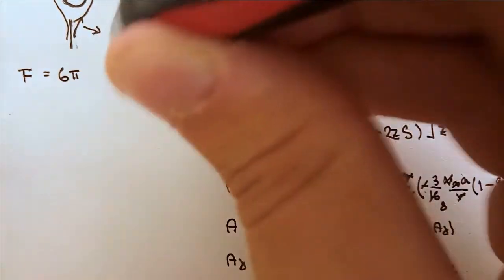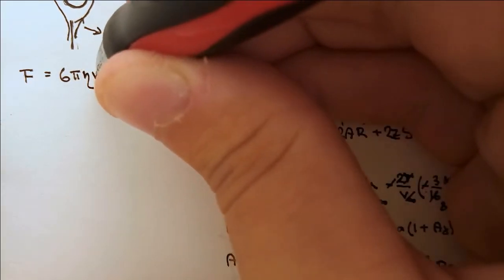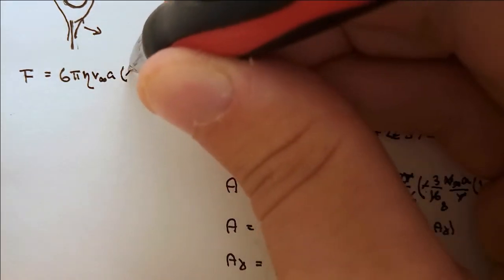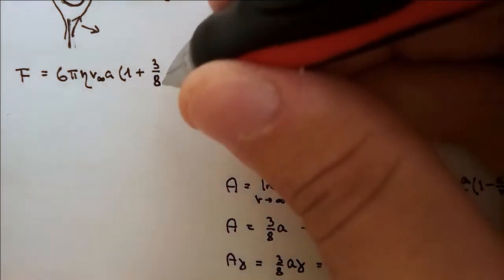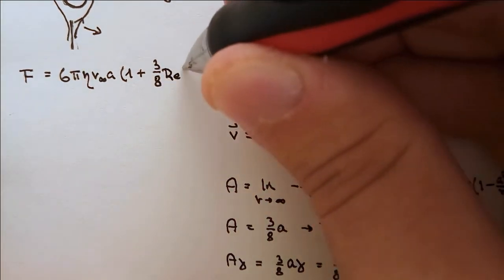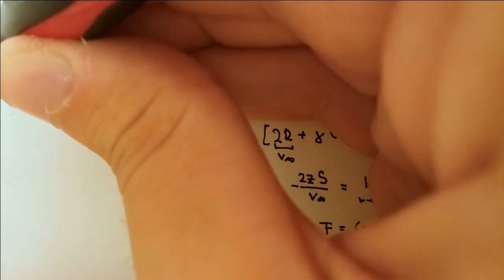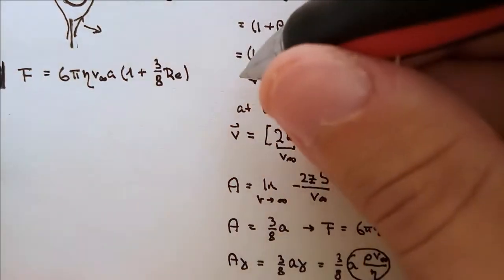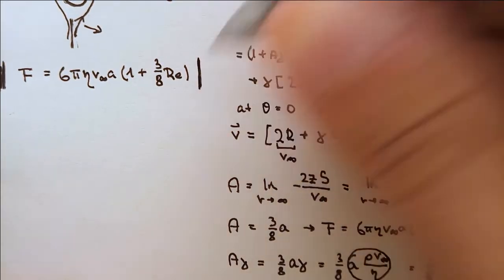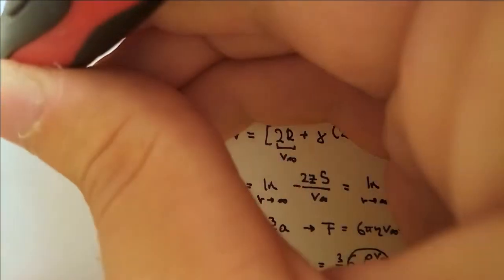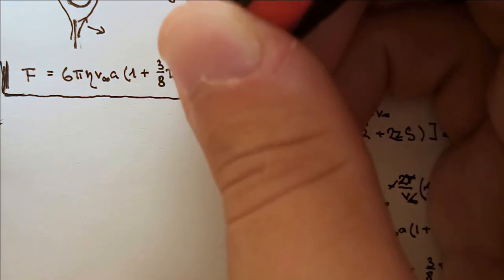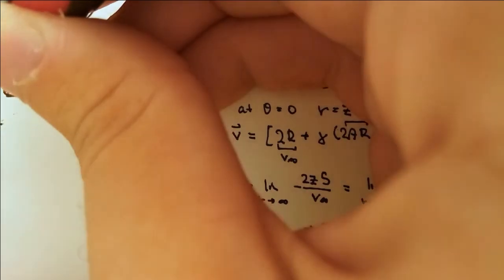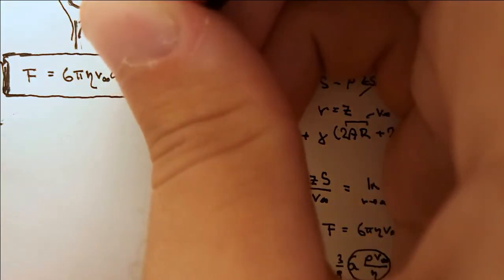It's 6 pi eta v infinity a times 1 plus 3/8 times the Reynolds number, and this is the famous equation of Oseen, which I think you have to remember, but maybe it's not so famous, I don't know. For me, it's really amazing, this formula.